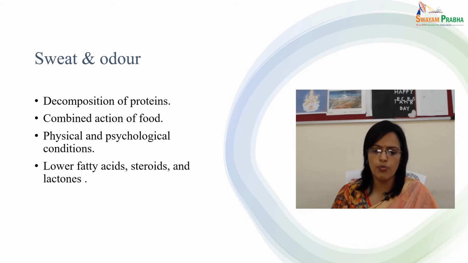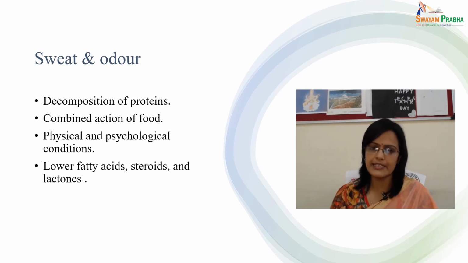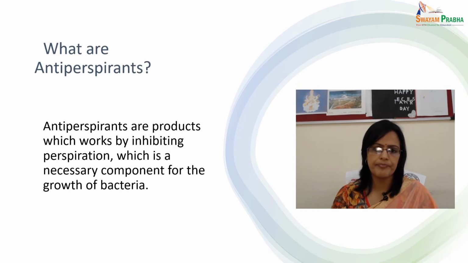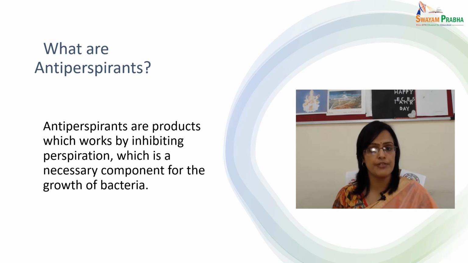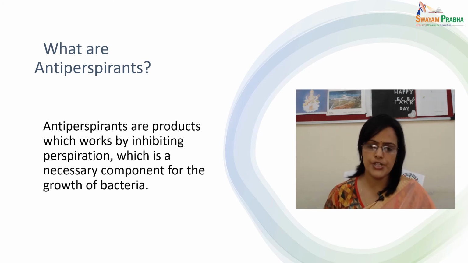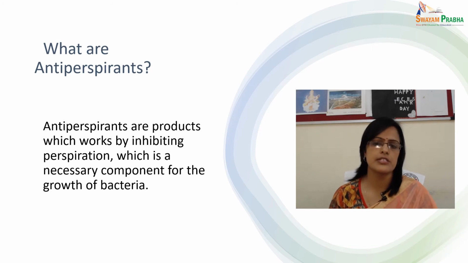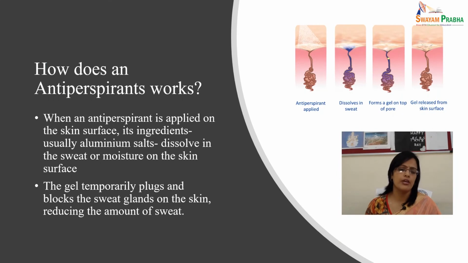So what are antiperspirants and deodorants going to contribute here? We will see in the next slide. Antiperspirants are products which work by inhibiting perspiration, which is a necessary component for the growth of the bacteria. They affect the function of the body by reducing the amount of sweat that reaches the skin surface. How does an antiperspirant work?